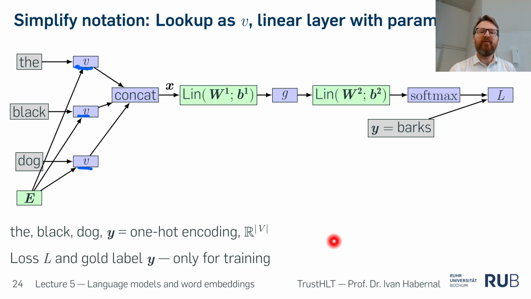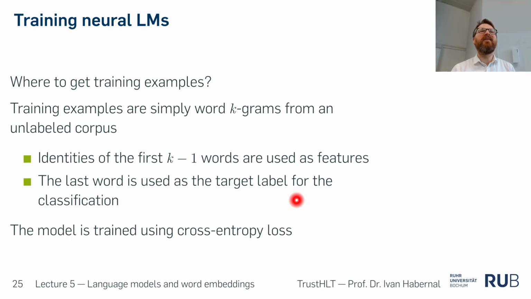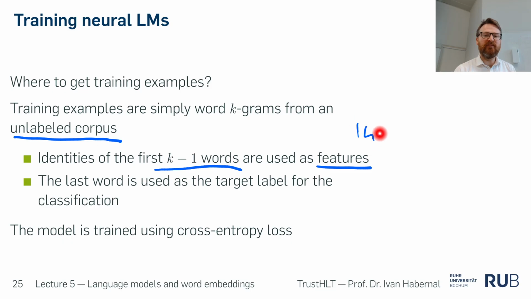Excellent. And now we need to train this bloody thing. We want to train this as a classifier. How do we train a classifier? We need the labels and we need the training data, like X's and Y's. We need this data set. Very, very many examples. And it's actually the same as we did for training the standard count-based language models. We take a corpus, just take the internet, chunk this into k-grams, and the first k-1 words are used as features, so inputs.